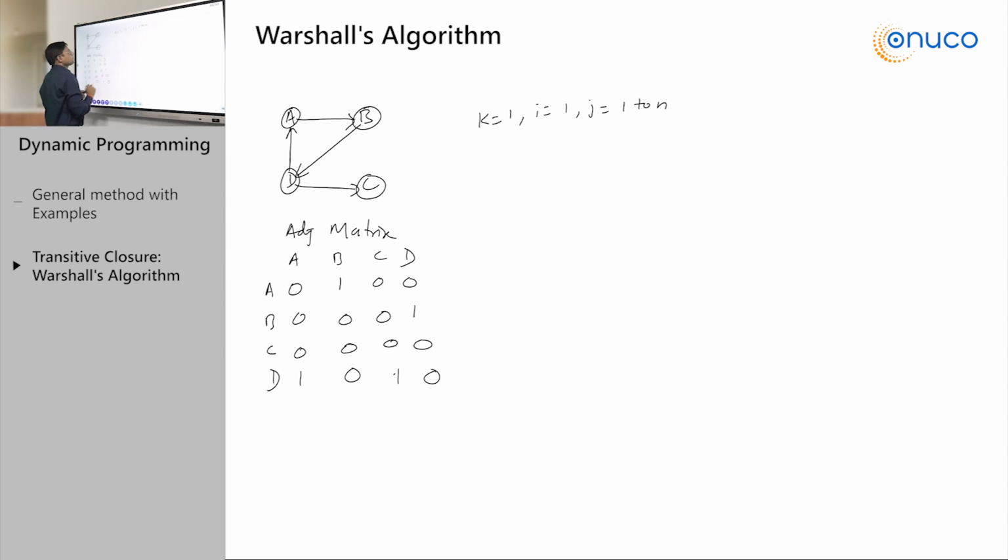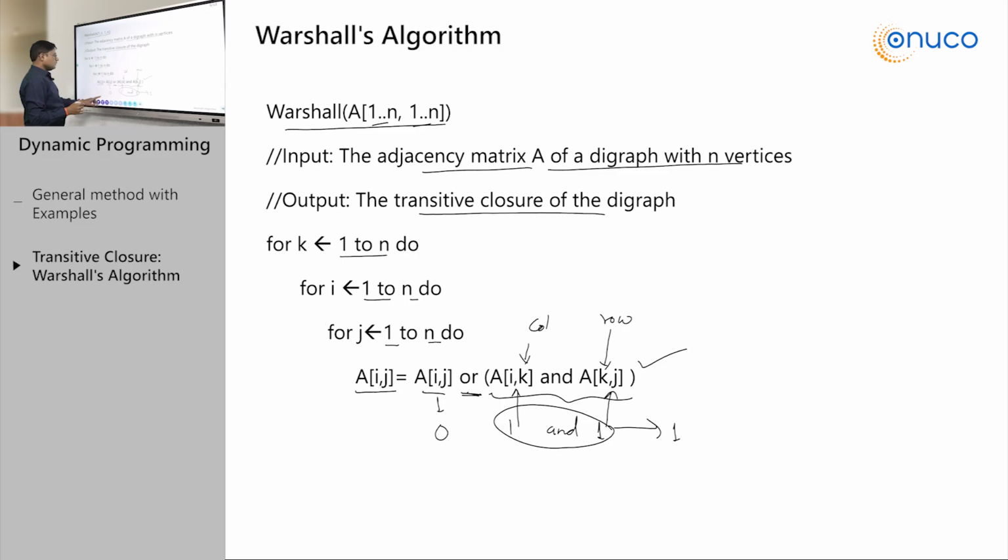In this case, here is the matrix: 0, 1, 0, 0; 0, 0, 0, 1; all 0; 1, 0, 1, 0. We say k is equal to 1, and logically it is written in the program as a of ik and a of kj.